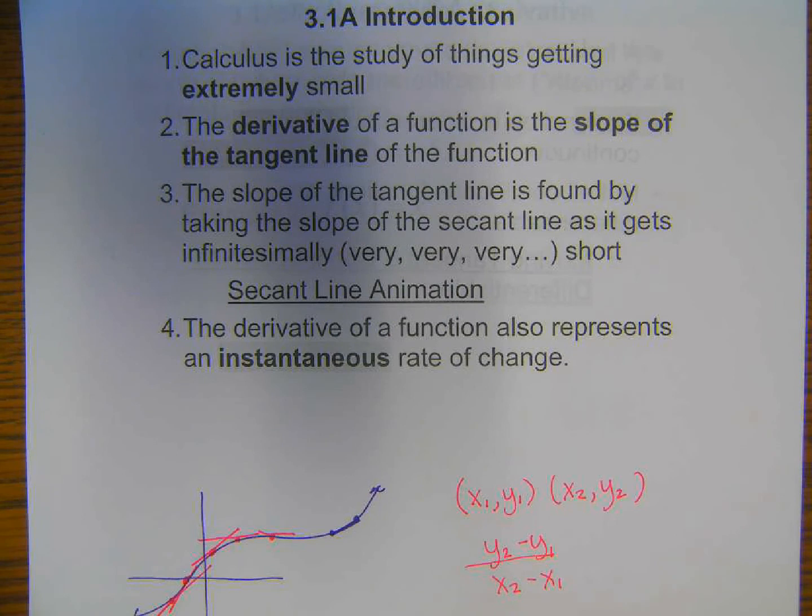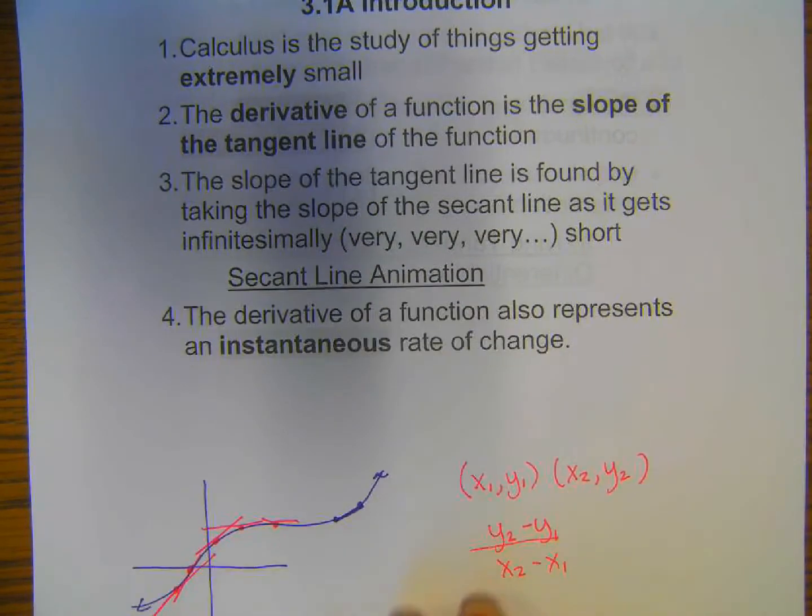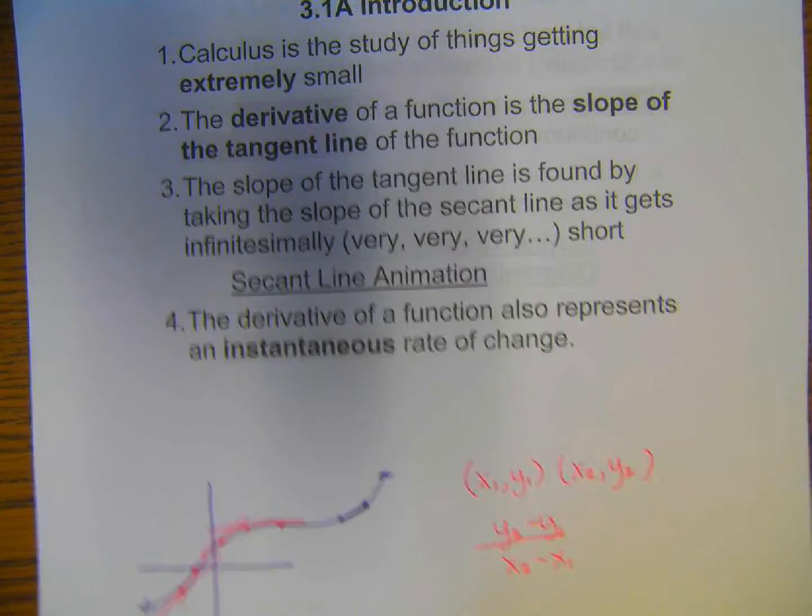So you can see some pictures of a tangent line moving along the curve and seeing how its slope changes. Okay, so really what you're going to do today is just estimate that.